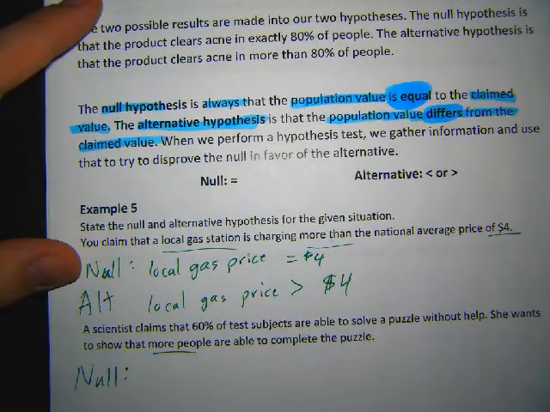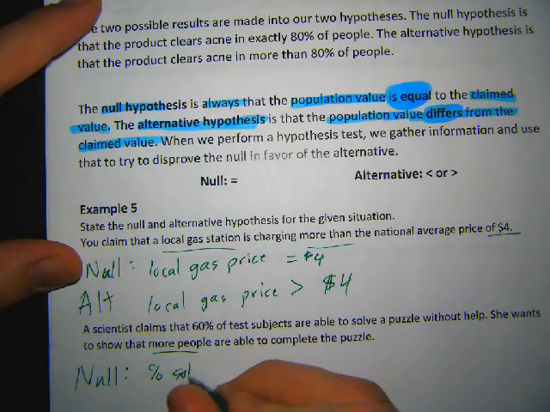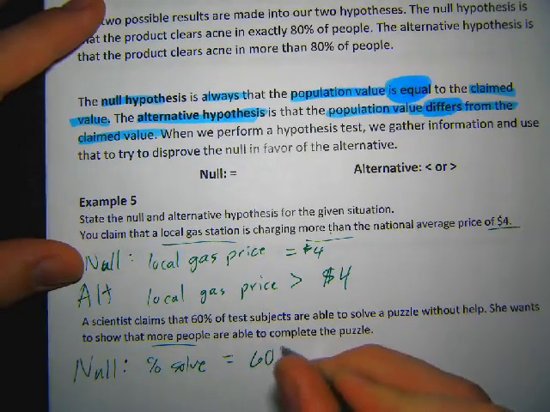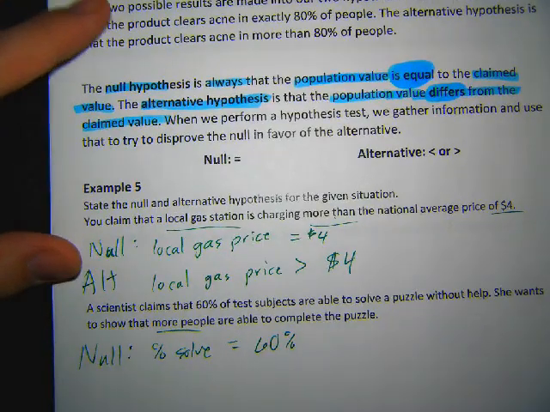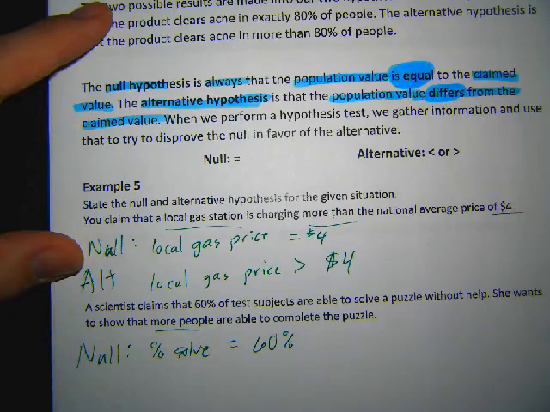So the percent of people that can solve this puzzle is equal to 60%, because that was your claimed value. So if I go out there and have everybody try and solve this puzzle, we're going to say that percent is equal to 60%. That's what she's claiming.